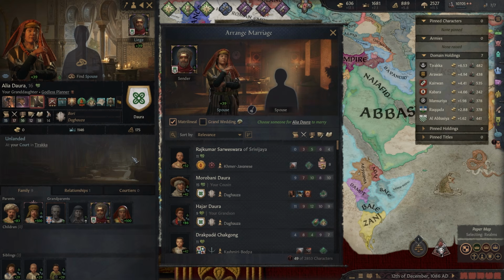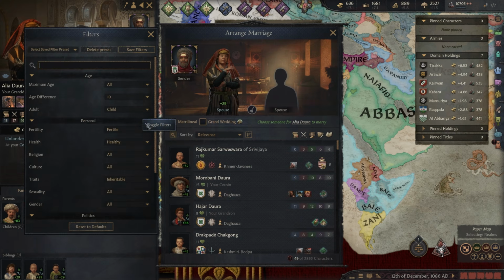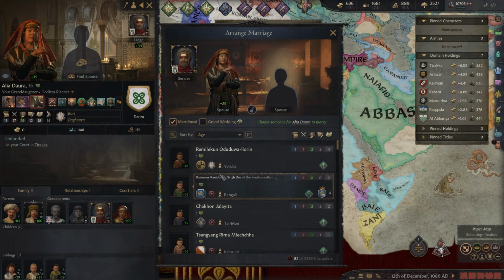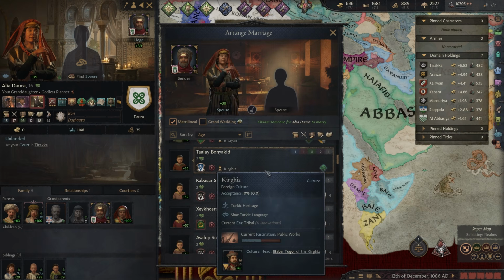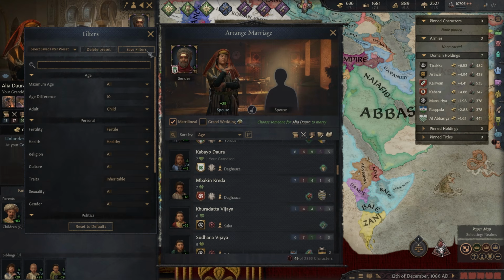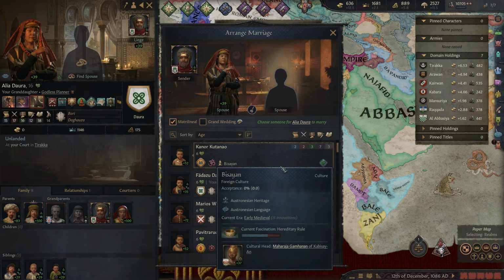Okay, so we're looking for somebody who's 6. So we're actually looking for somebody who could be up to like 15 years younger than her. Let's sort by age. Wait, no, I'm looking for somebody who could be up to 10 years younger than her. Yeah. Okay. And then we're seeing whether there's anything we want.